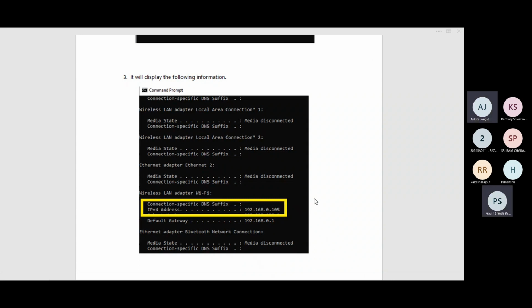Yeah, hi Praveen, Ankita. I'm just asking that we are asking for hands-on in this command prompt, but I think we work on Putty software. No, yes, Putty software is a secondary option.